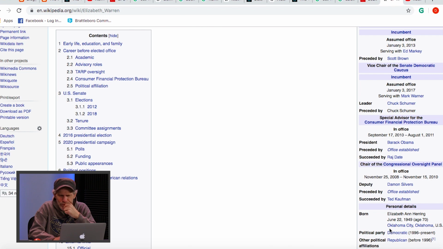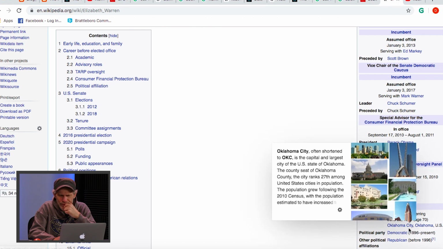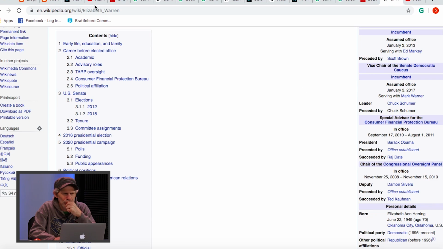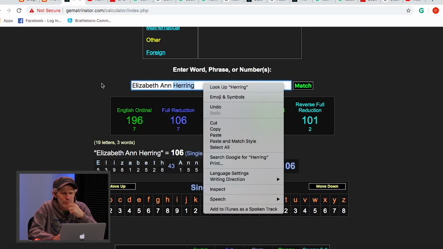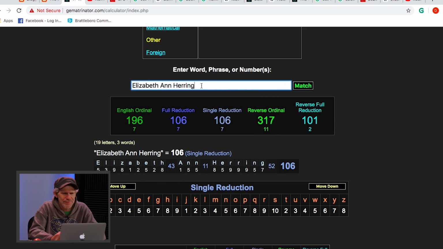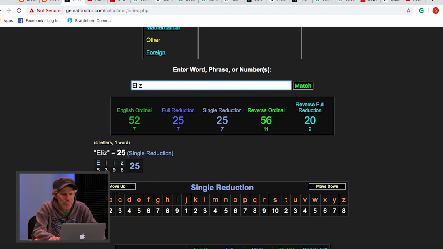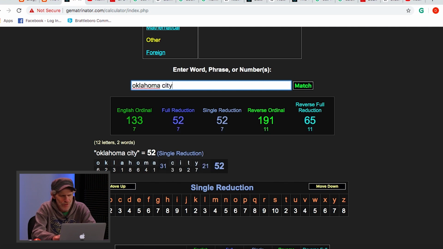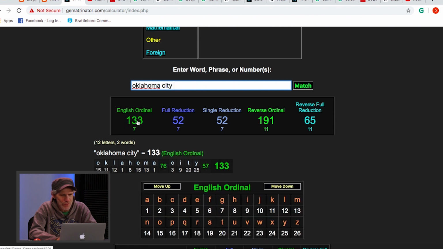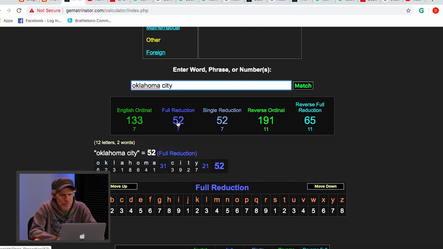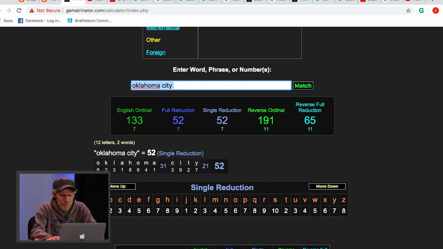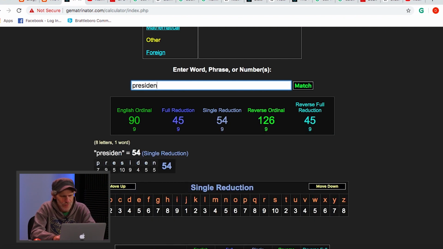And if you look into where they were born, Oklahoma City, Oklahoma, that's where she's from. If you look into that, that will also have some relationship on this story. Oklahoma City, right? President equals 133. President equals 152. Let me just show you this. President, 133 and 152, just like Oklahoma City.